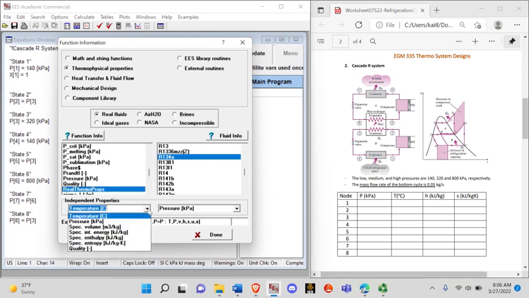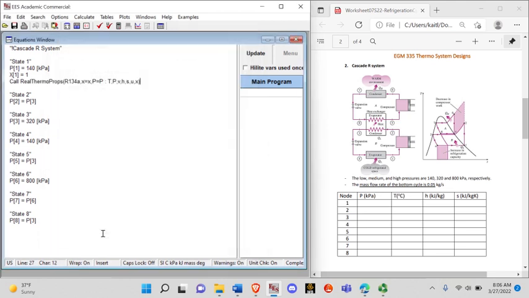So we know pressure, and our second independent property is quality. Paste. We have our working fluid, and again, you can just change this value if you have a different working fluid. And I'm going to reiterate this from previous videos, but EES doesn't recognize capital and lowercase letters.